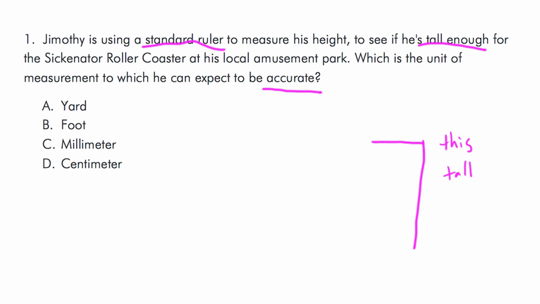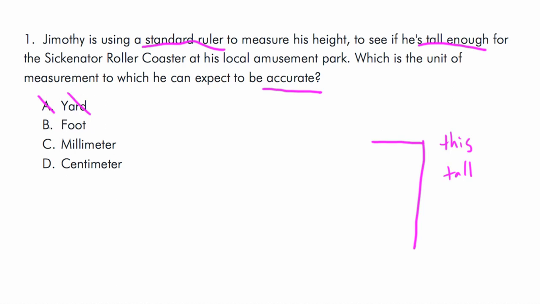If I look at this, a person is only like 2 yards tall. I'm 6 feet tall, so this means a yard. That's not really what I'm talking about. It's not very accurate here if I'm talking about yards, because people are only like 1.5 or 2 yards tall. Sometimes if they're super tall, you're 2 and a 4th yards.